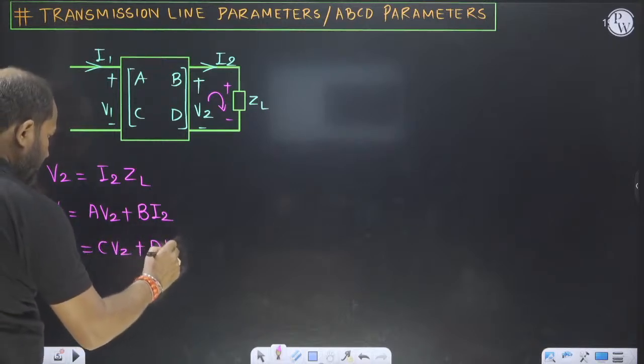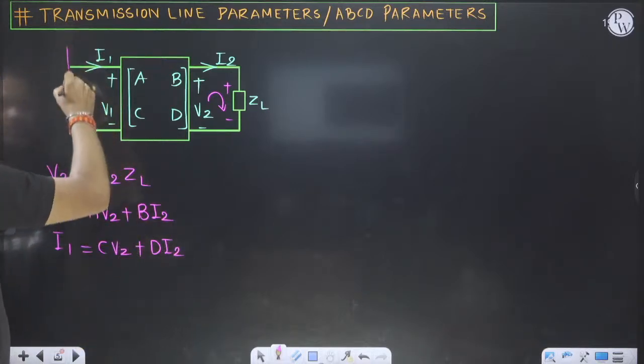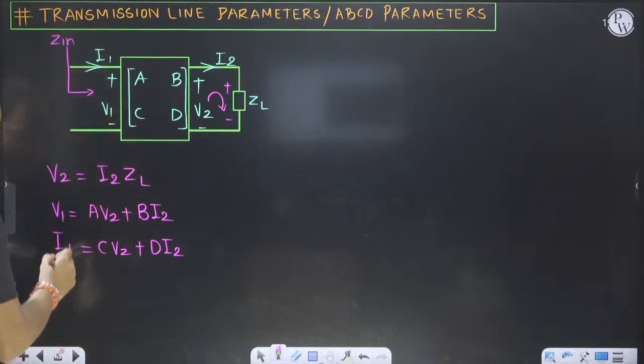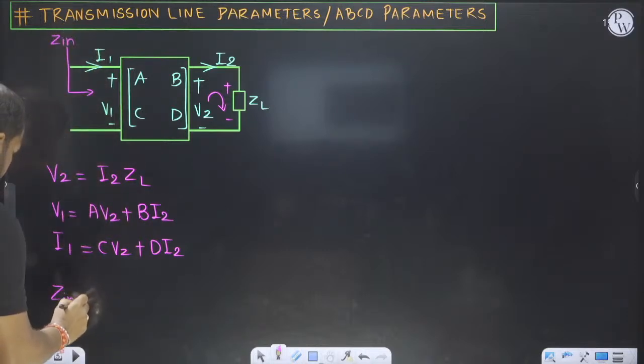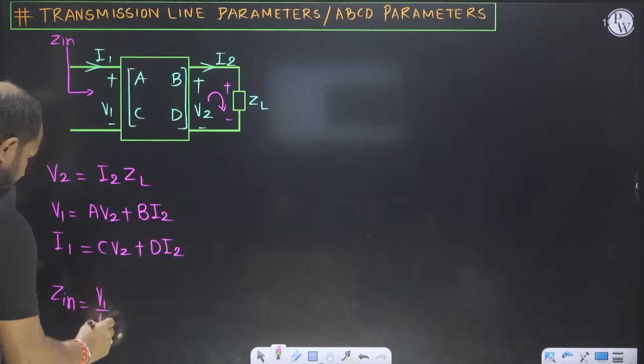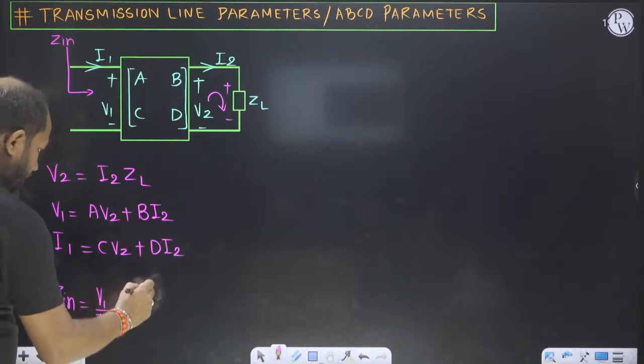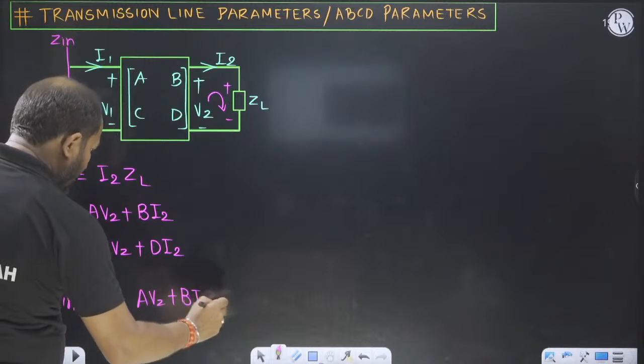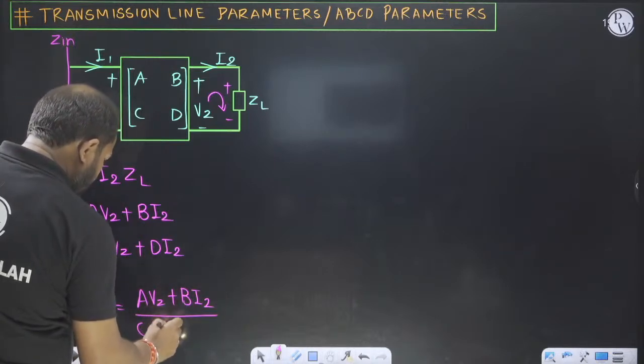Here Zin will be equal to V1 by I1, so it will be A V2 plus B I2 over C V2 plus D I2.